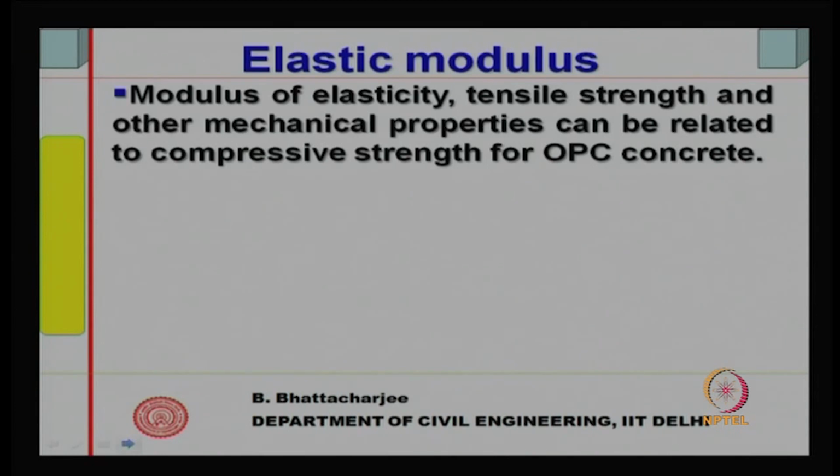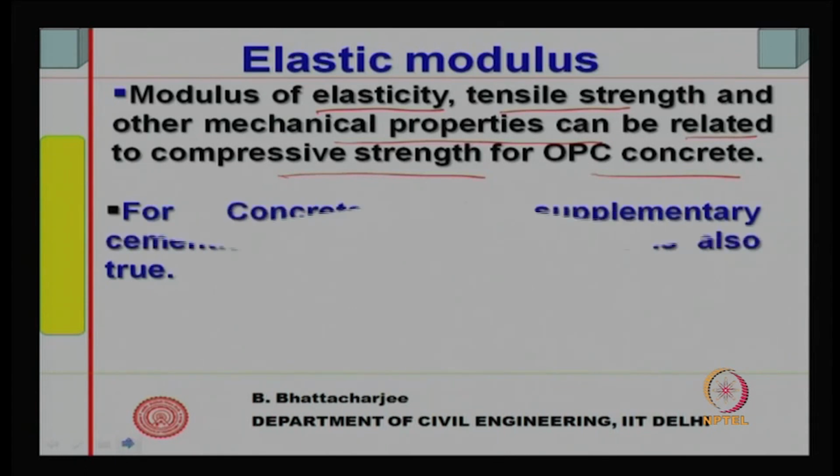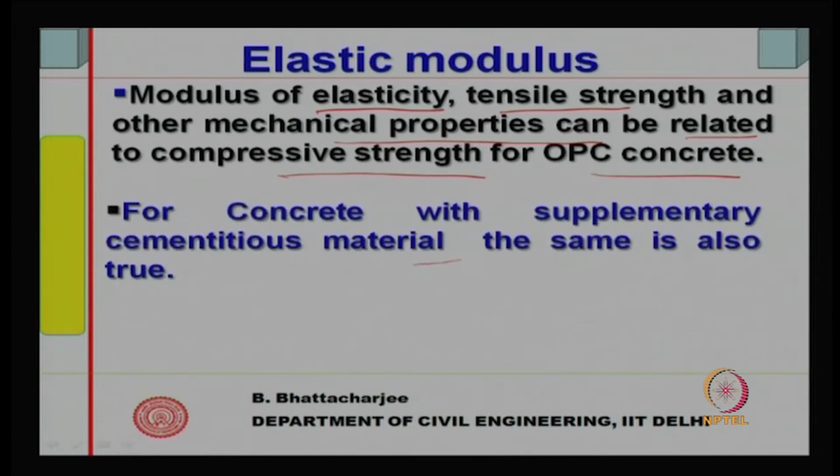See, this is again the same thing we are reiterating. Modulus of elasticity, tensile strength and other mechanical properties can be related to the compressive strength of OPC concrete. For concrete with supplementary cementitious material, the same is also true, and the relationship is similar. Maybe the coefficient might change a little bit here and there, but largely the same is valid, because after all the basic nature of the material has not changed.